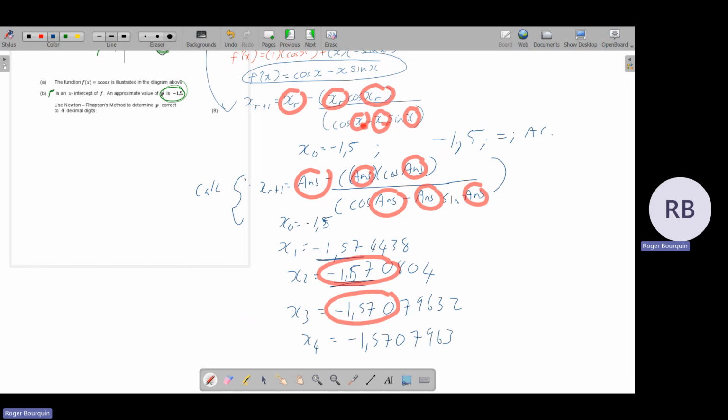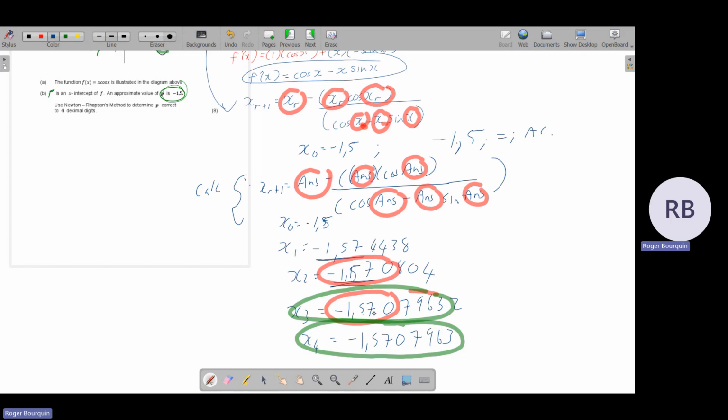So we've now got it correct to 7 decimal digits, but the question said only give your answer correct to 4 decimal digits.